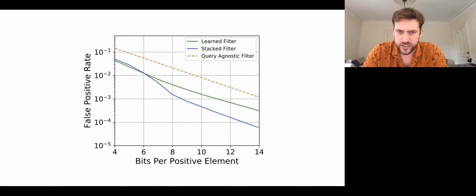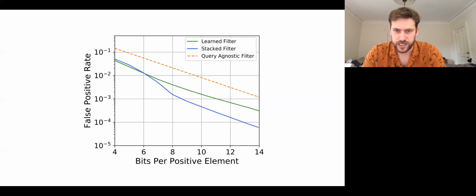And then once you get to about 6 bits per element, it's also lower than the learned filter. And then for less than 6 bits per element, it's pretty close. So I would say that these are fairly close false positive rates. There's some gap because this is a log scale, but either way, these are both pretty close. And then there's a clear winner, which is stacked filters, as you have more and more space.